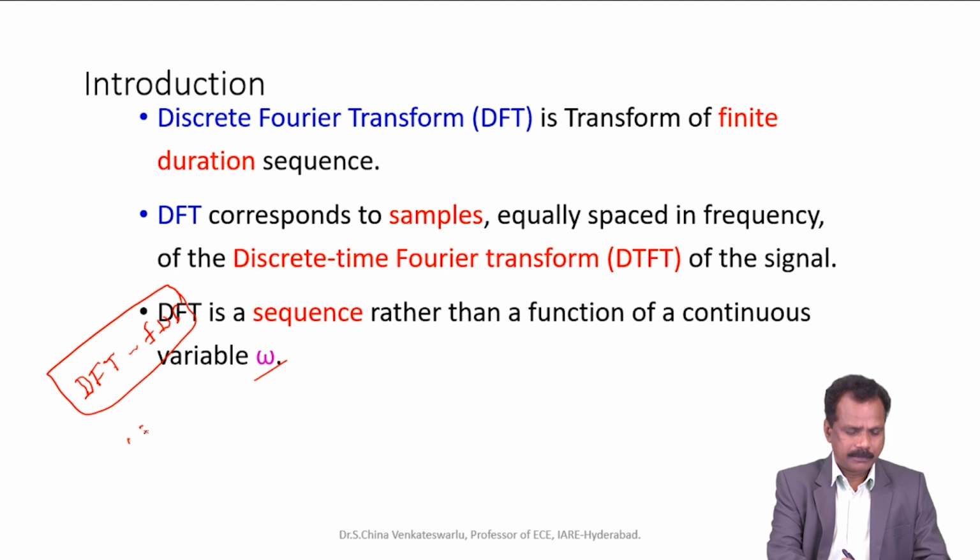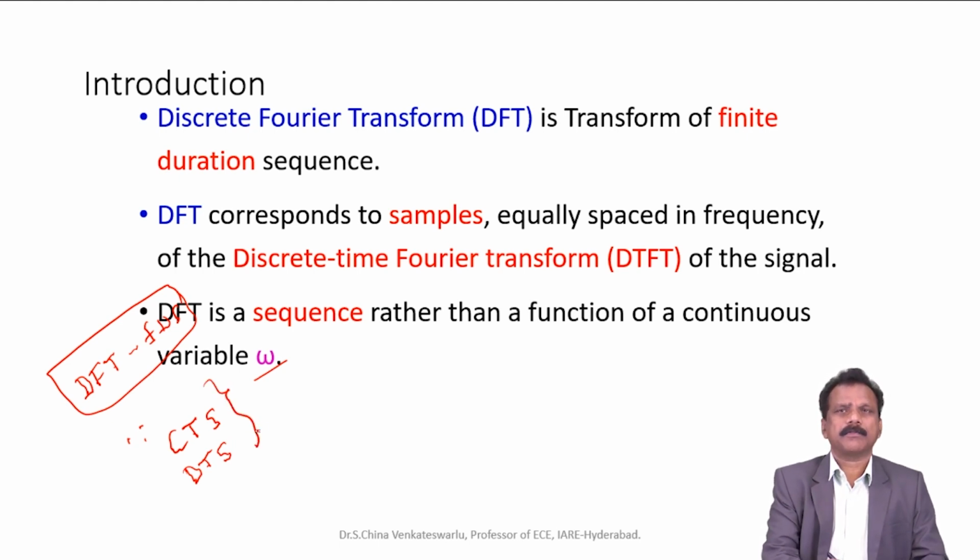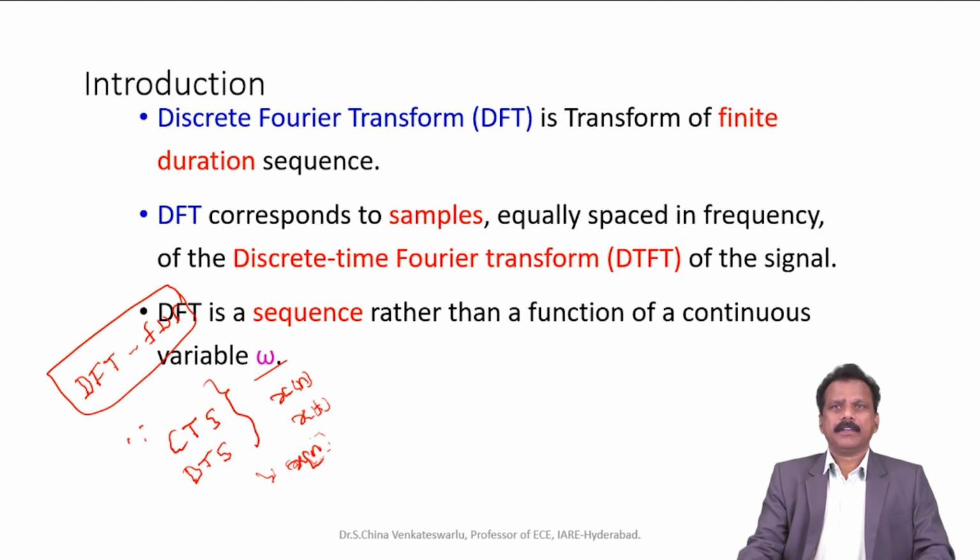Here we have to analyze both the continuous time signal and the discrete time signal, with reference to the discrete Fourier transform, the transform of the finite duration sequence, x of t or x of n.